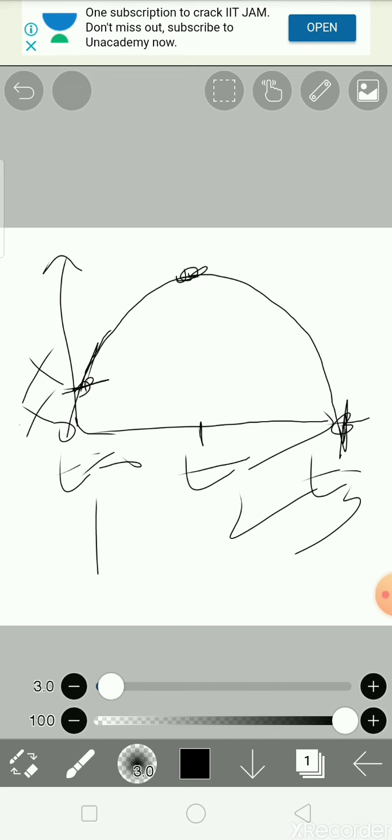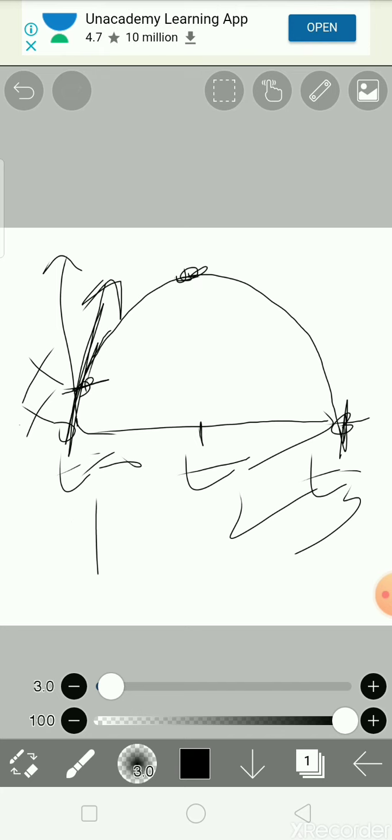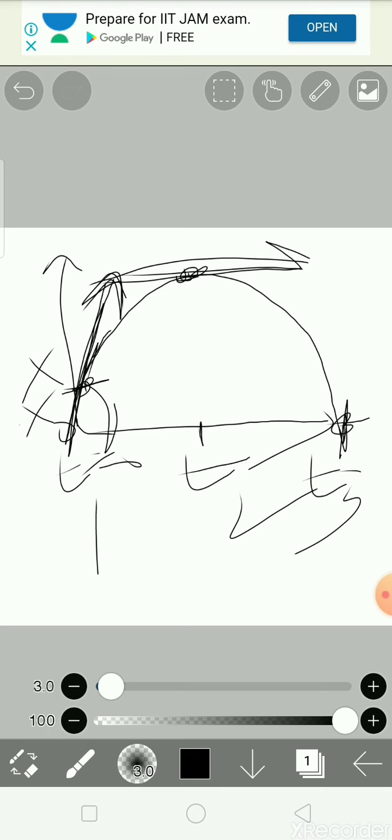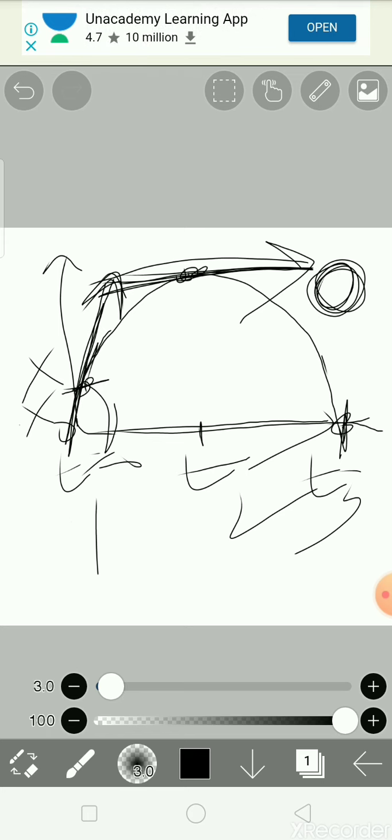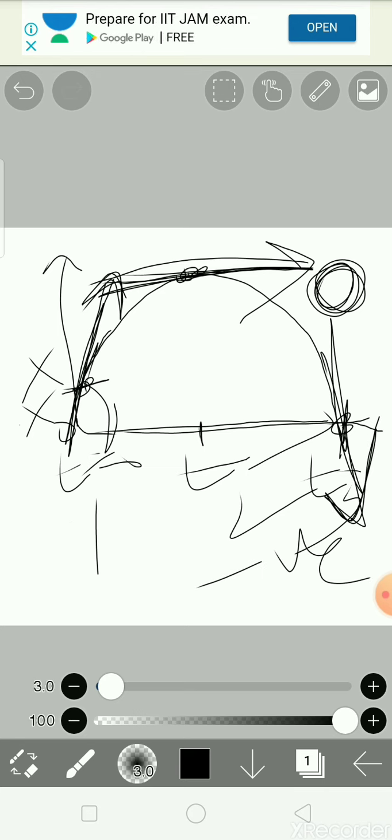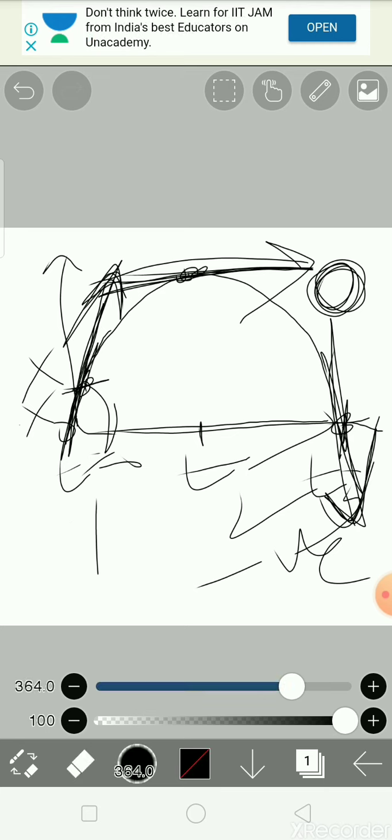We can see that the slope would be positive, as it's increasing. Here the slope would be 0, as it is parallel to the x axis, and here the slope would be negative, highly negative. Here the slope is highly positive, here the slope is highly negative.